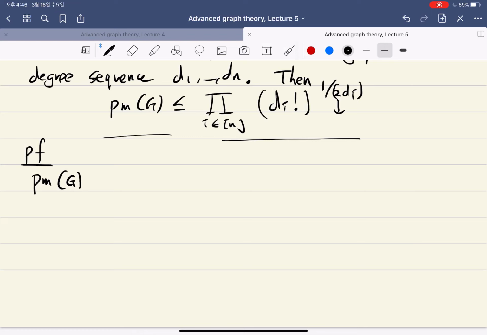So let's see what the term, perfect matchings of G squared, what kind of meaning does it have?